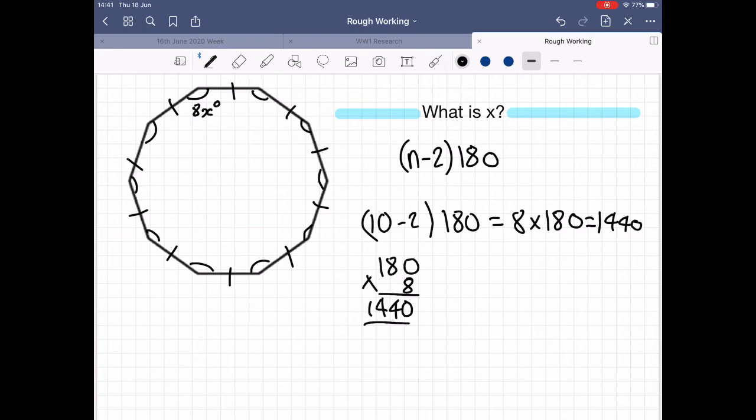So now we've got the sum of all the angles, and because there are 10 angles, because it's a decagon, dec meaning 10, we divide 1440 by 10 to get 144.